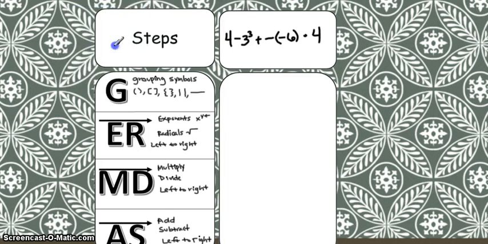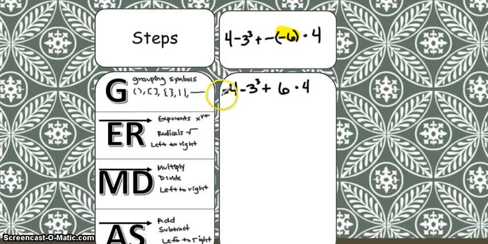The grouping symbol is this negative 6. And we actually do want to deal with that first because there's an opposite sign on the outside of it. So this is equal to 4 minus 3 to the third power plus the opposite of negative 6, which is a positive 6, times 4.